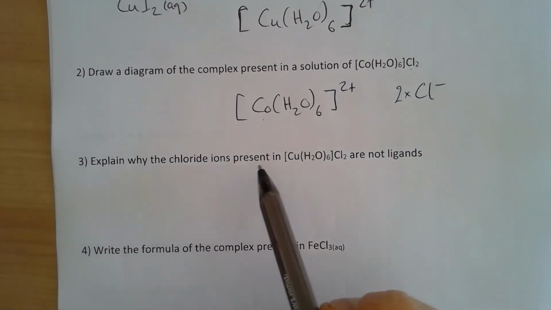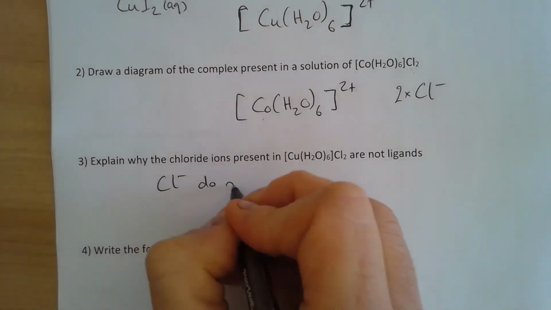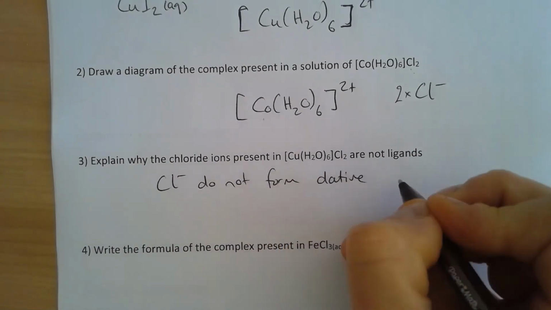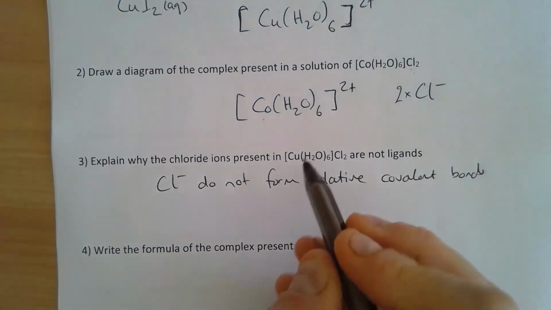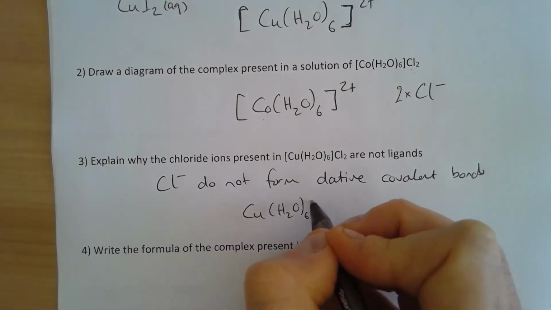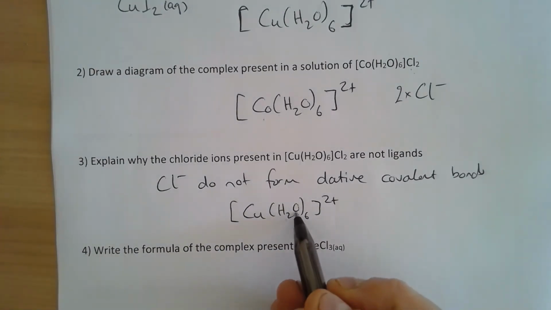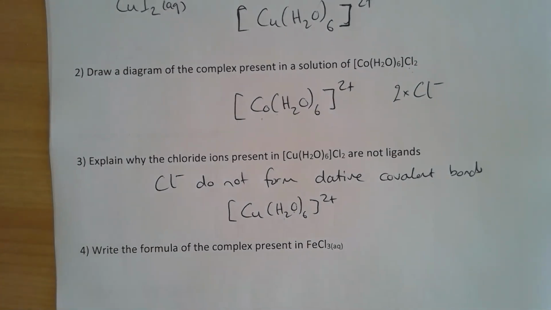The chloride ions present, the Cl- ions, do not form dative covalent bonds. The dative covalent bonds are actually present in this part of the formula, so the complex where the oxygens are forming 6 dative covalent bonds to the copper 2.